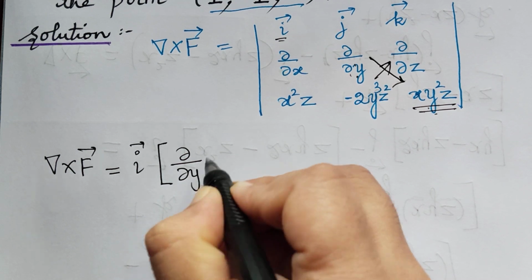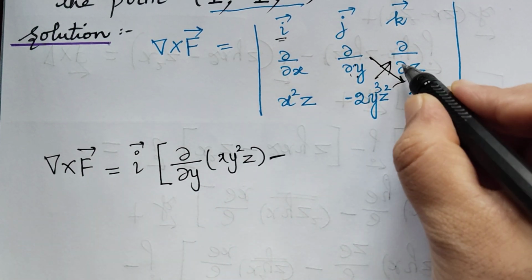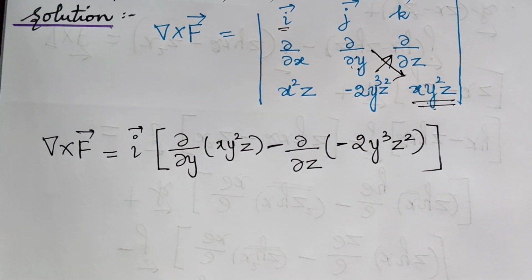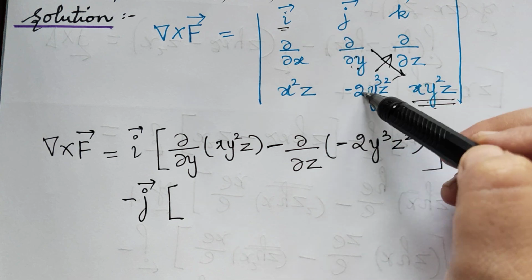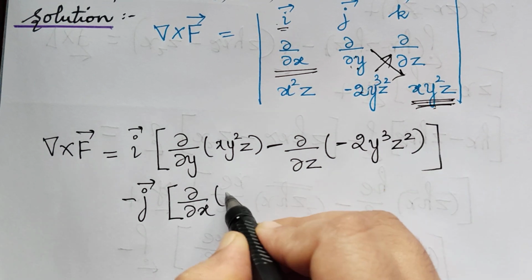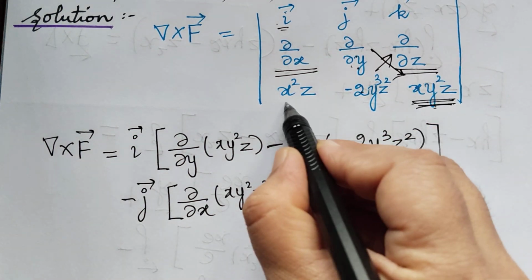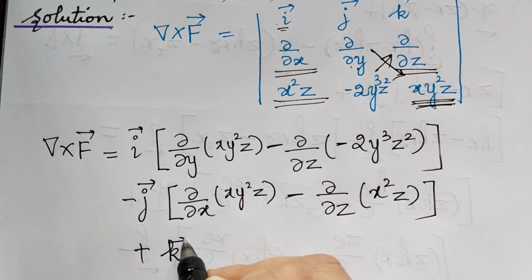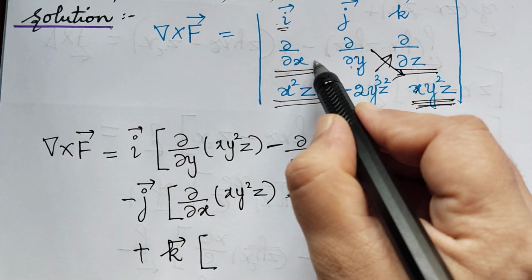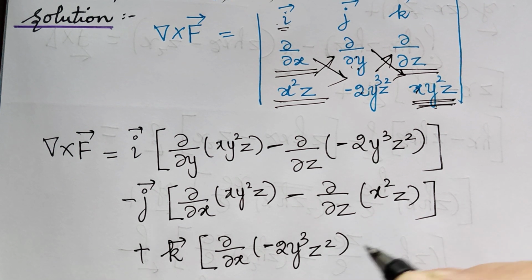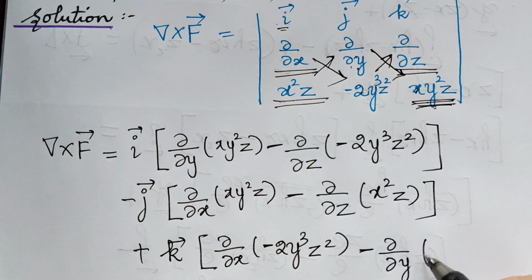So it will be dou by dou y of x y square z minus dou by dou z of negative 2 y cube z square, and then minus j vector multiplied with, so block this column and block this row, so it will be dou by dou x of x y square z minus dou by dou z of x square z, plus k vector multiplied with, so block this column and block this row, so dou by dou x of negative 2 y cube z square minus dou by dou y of x square z. So we have written nabla cross f vector.